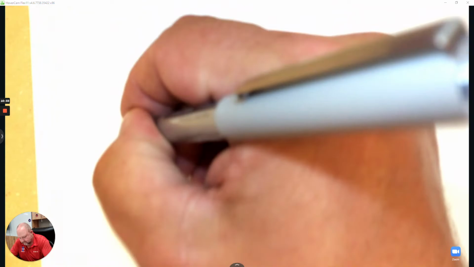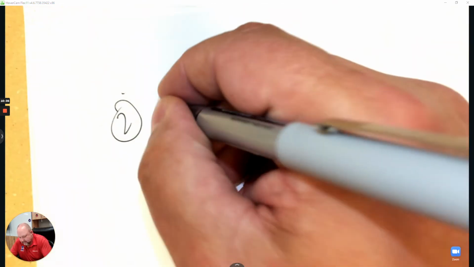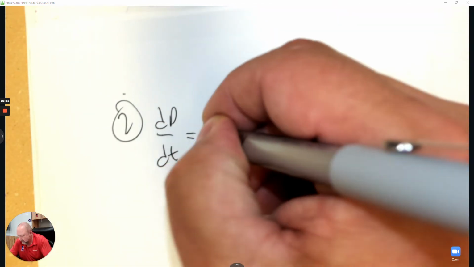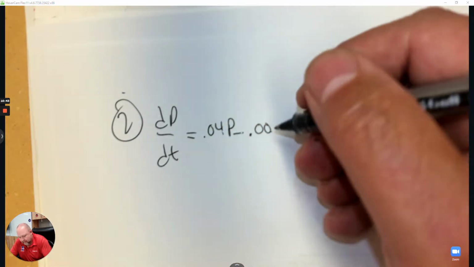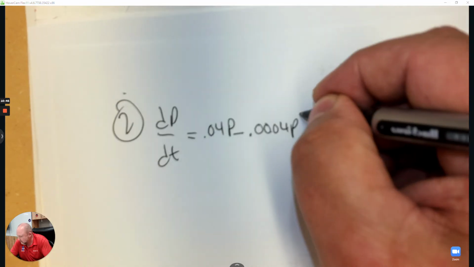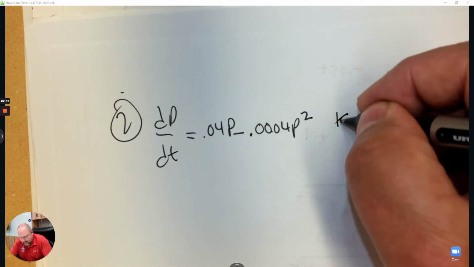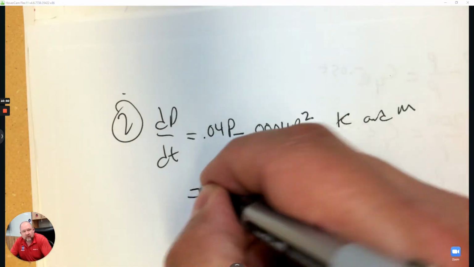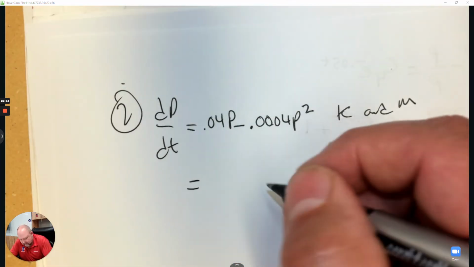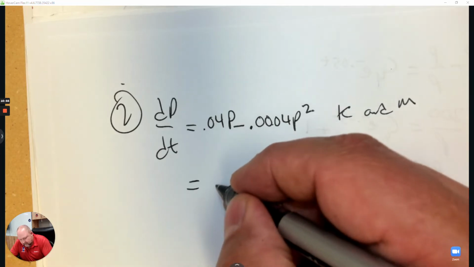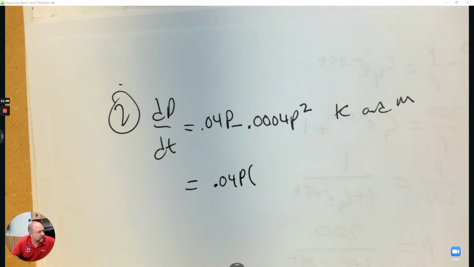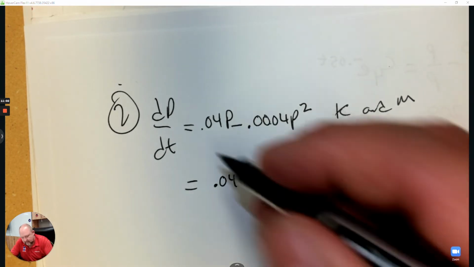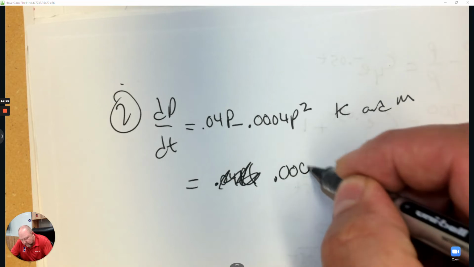Number two. If dp by dt equals 0.04p minus 0.0004p squared, find k and m. Well, I'm going to have to factor out a p. In fact, I'll factor out 0.0004p.